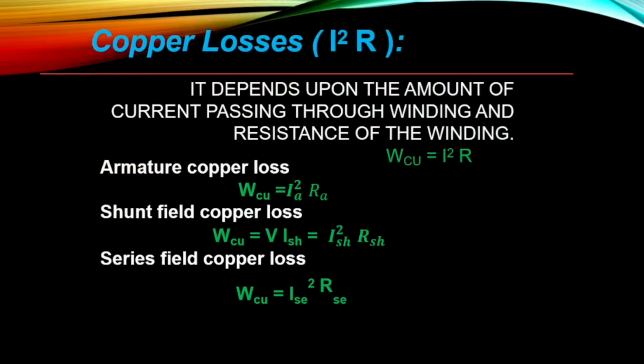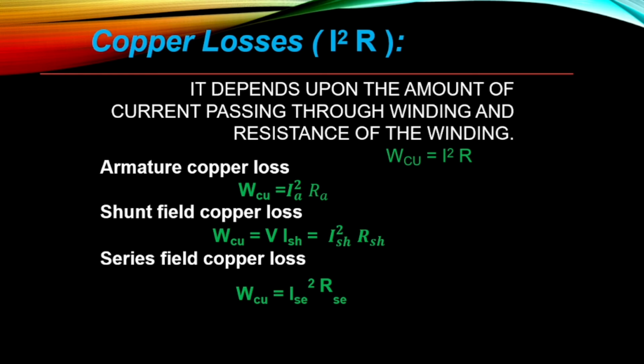Copper losses, I square R. It depends upon the amount of current passing through the winding and the resistance of the winding. WCU equal to I square R. Armature copper loss, WCU equal to IA square into RA, suffix A. Shunt field copper loss, suffix SH, WCU equal to V into ISH.